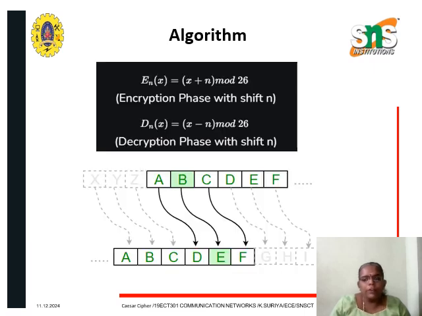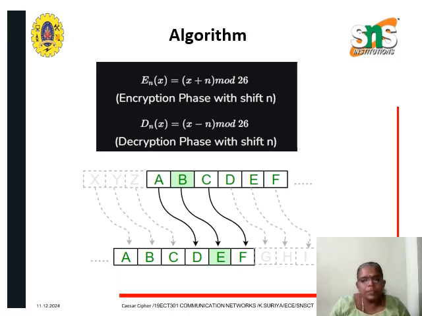So the formula for encryption and decryption is: encryption is denoted by En(x), which is equal to (x + n) mod 26. So here x is the plain text, E represents the encryption algorithm, n represents the number of shifts, and since we have 26 alphabets in the English letter, it is mod 26.